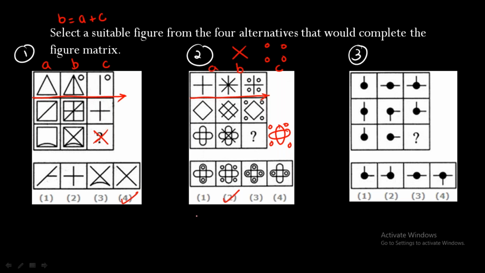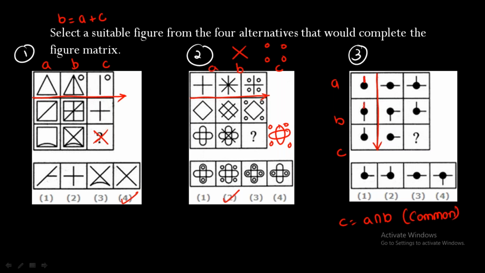Okay, whatever shape is in A, the same shape will come, but that cross mark should be replaced. Whereas here, if you observe in vertical mode, consider A, B, C. C is nothing but A intersection B, meaning only what is common among A and B. It's not A union B, it's intersection.